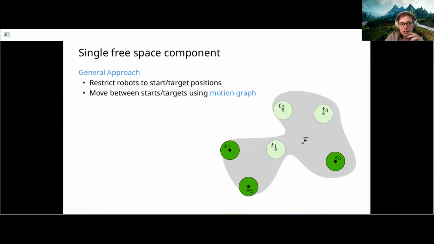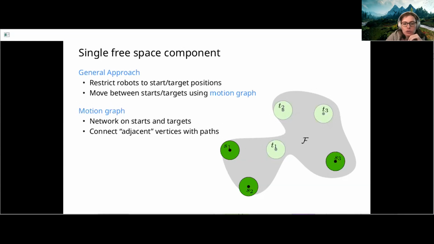Okay, and the general approach is very similar to the previous work, with slight modifications for the bad cases that arise where the bichromatic separation is not large enough. The idea here is that we are still going to only move robots between start and target positions, and we're going to construct the motion graph on the start and target positions, and use that to navigate the robots.